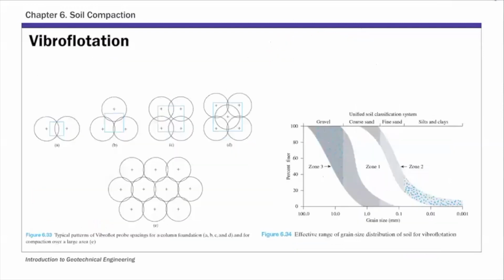This slide shows basically the typical patterns of the vibroflotation probe settings and also grain size distributions, and specifically for backfill material. So you can quantify the suitability of the material for vibroflotation by this suitability number. And this is a function of grain size distribution parameters.